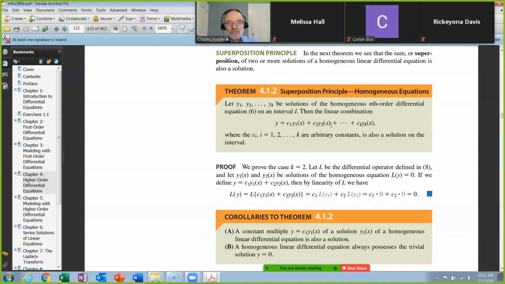If those y's were solutions, then any linear combination of them will also be a solution. Okay? Now, they do a proof here using the L, and I'll let you read through the proof.